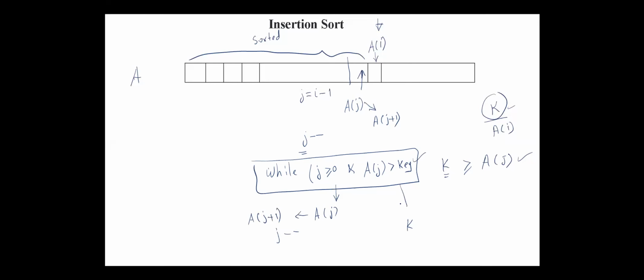If this condition is false, we are done and we insert k into a sub j plus 1. Really, why j plus 1? Because in the last iteration of the loop, j was decremented by 1. After that, we move to the next element and repeat the same procedure.